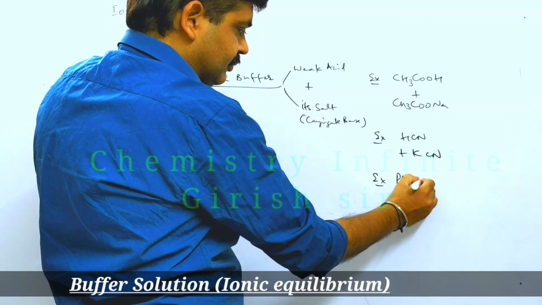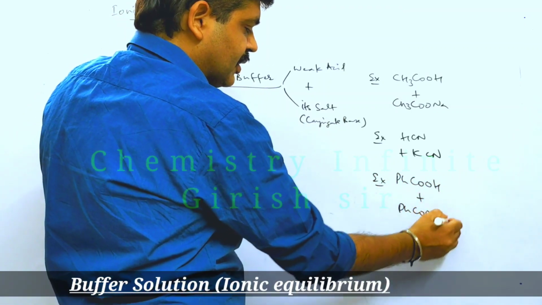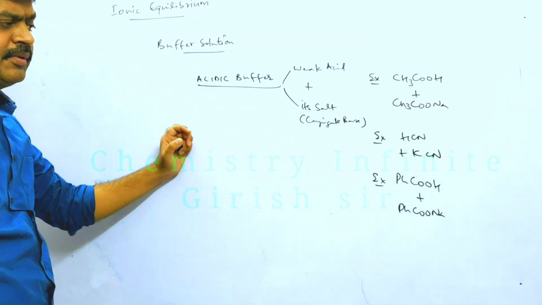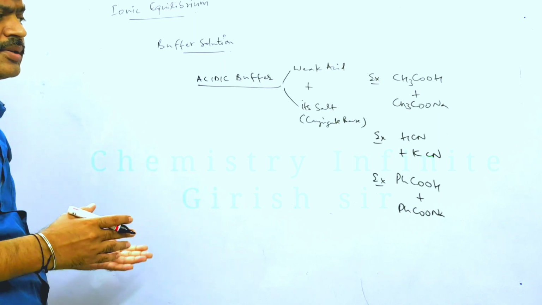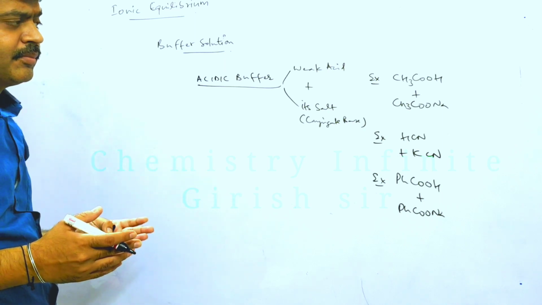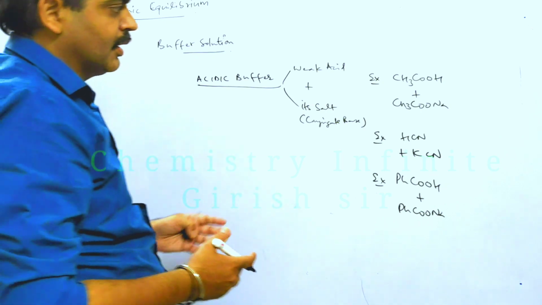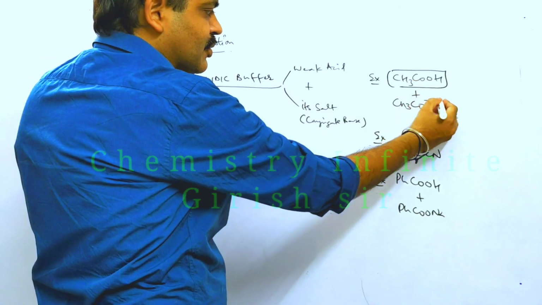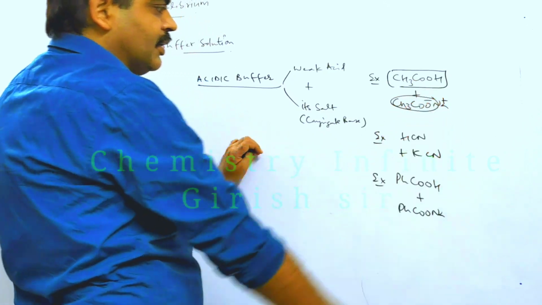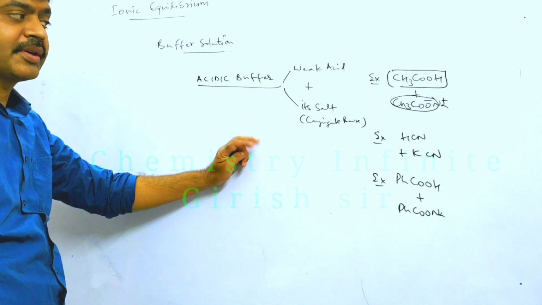If we take benzoic acid and its salt, say sodium benzoate, this mixture can also act as an acidic buffer. So an acidic buffer will comprise of a weak acid and its salt, which mainly contains its conjugate base. Like here I have taken acetic acid, so its conjugate base is acetate ion, so salt comprises of this conjugate base. Okay, this is the main component required for buffering action.